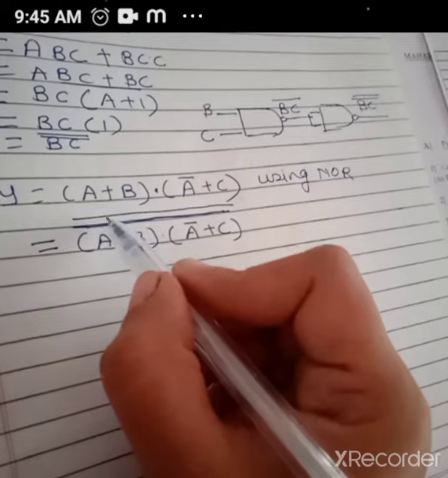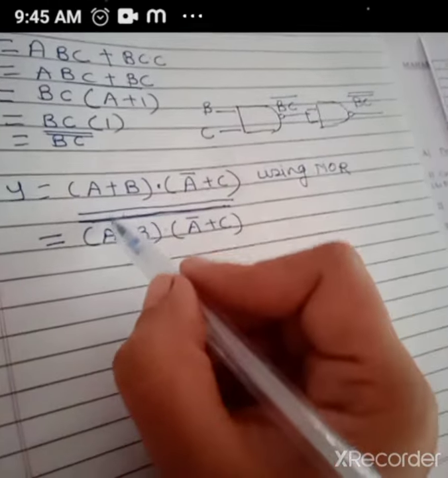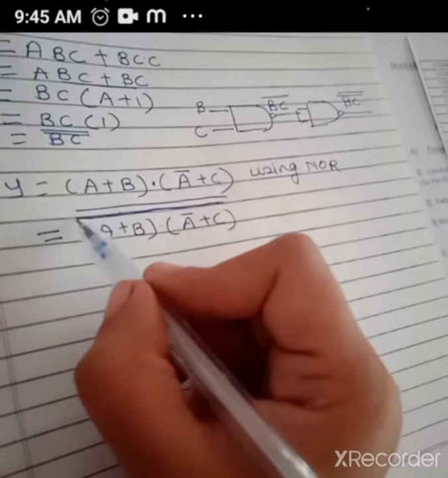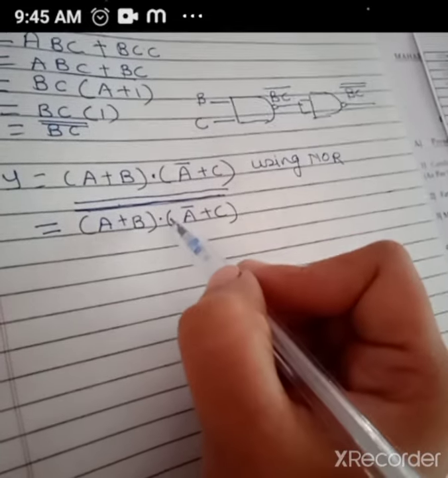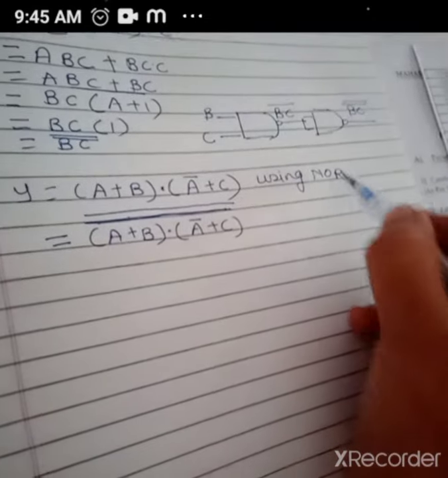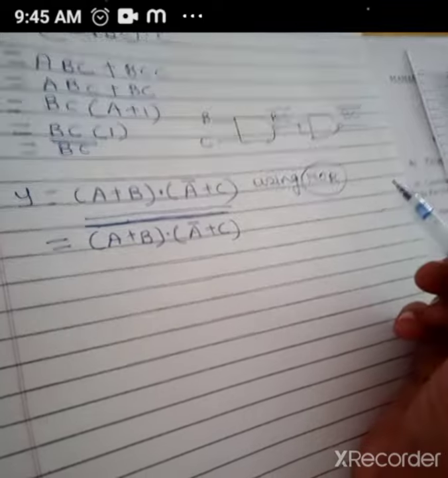So you can use a double bar anywhere. Right? So why have we taken this double bar? We want to separate it. If we separate this bar, this multiplication sign will convert into plus. And why are we doing this? Because we require our equation with NOR signs only.